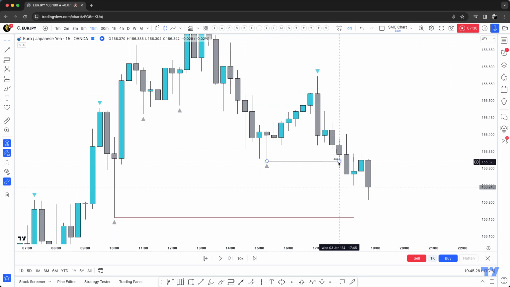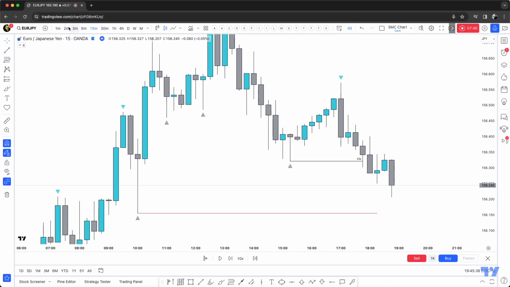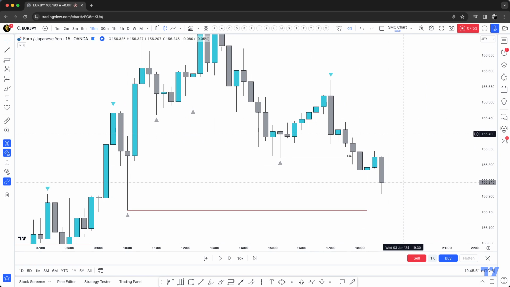This is a recent liquidity sweep. Remember, I need to see not just a recent liquidity sweep, but also an old liquidity sweep. How old can that be? It doesn't matter, doesn't matter the time frame. It could be from a month old, depending, of course, on the time frame. It could be very recent, from a 5 minute, just a couple of minutes ago. It doesn't matter as long as you have the formation.